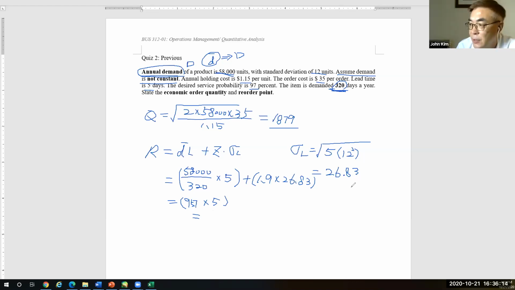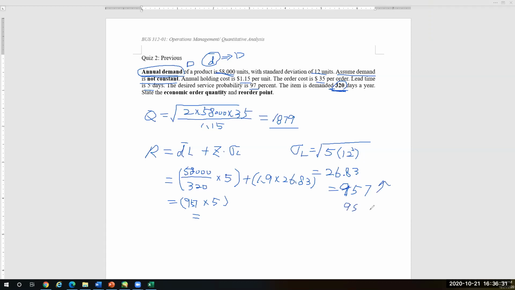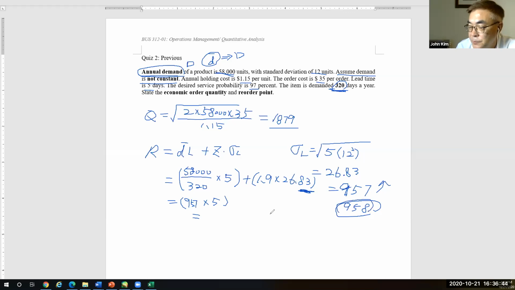Yep. I got 958, so round up. Yeah, so did I. Okay. Maybe you use a different number of decimal points, but either way, fine.